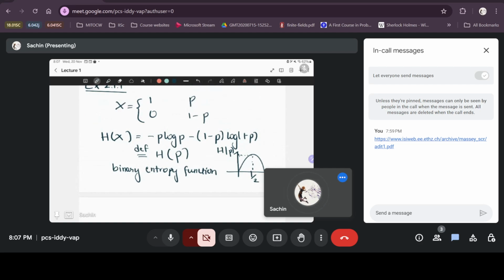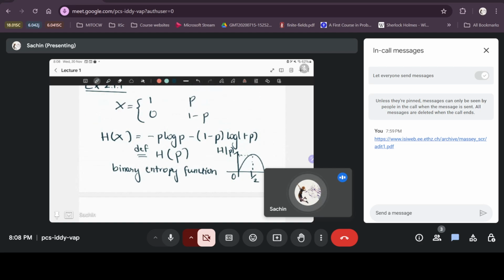That is, if it's a fair coin toss, then the uncertainty in the outcome is maximum, right? You don't know whether it could be heads or tails, with equal probability. And H of p will be 0 if p is 1. So if it's always heads or if it's always tails, then also there is no uncertainty at all. So H of p will be 0.